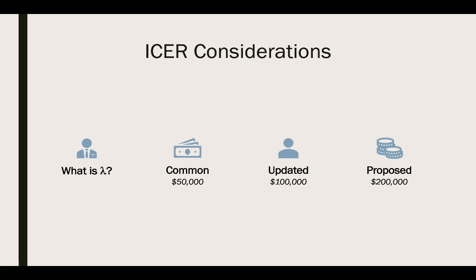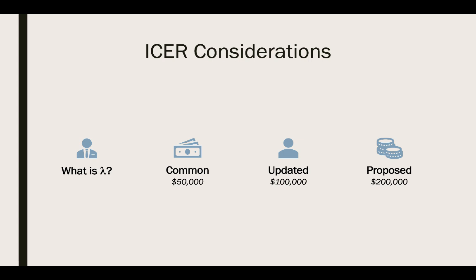There are some other papers arguing against cost per quality. There's an update that says $100,000 per quality gained is actually cost efficient. And then there are some health economists out there who propose $200,000 or even $250,000 per quality gained is still cost efficient.